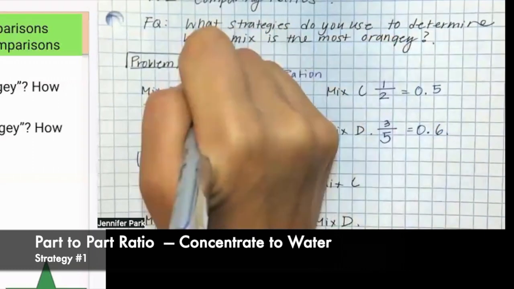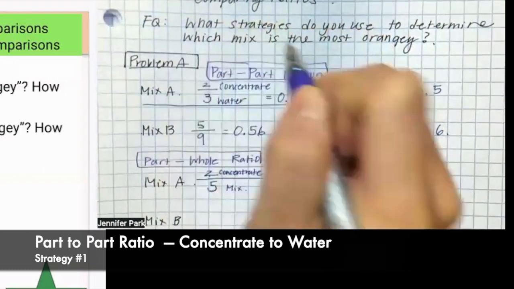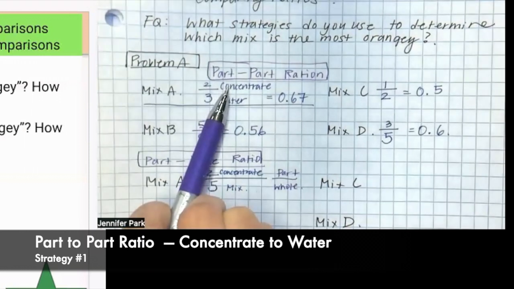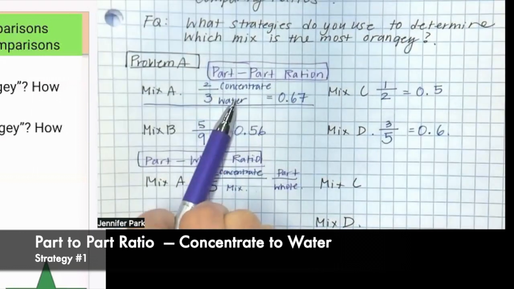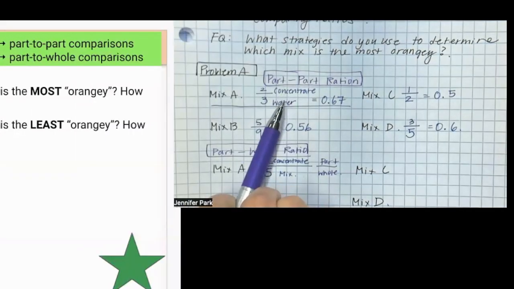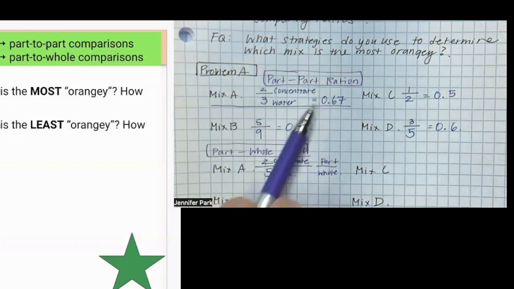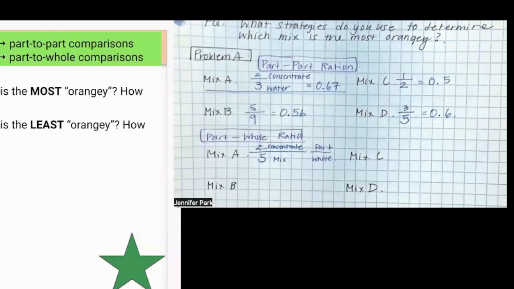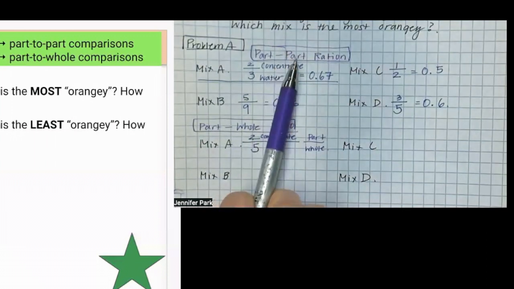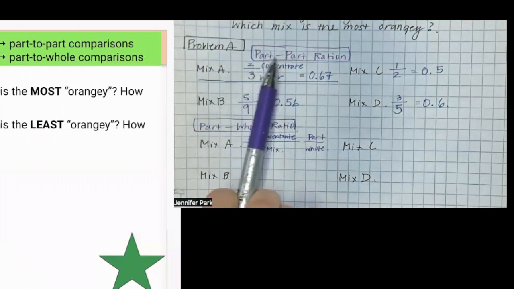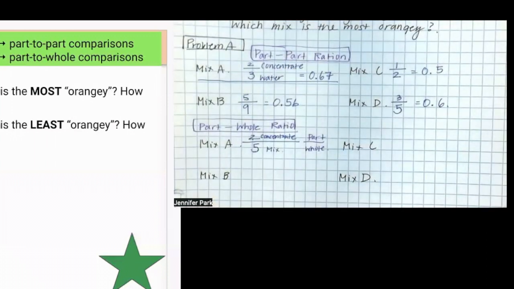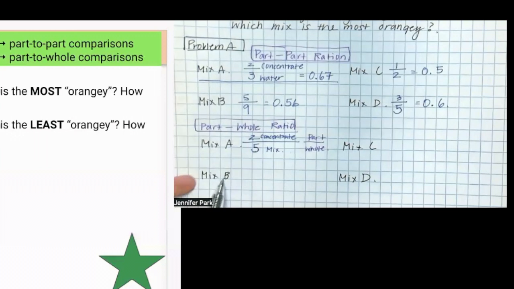We're comparing each ingredient part to part. We're comparing concentrate to water, parts of the juice. So let's see if we get different answers for part to part ratios compared to part to whole ratios.